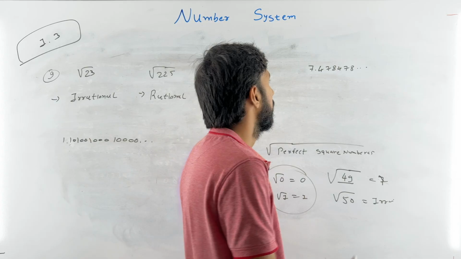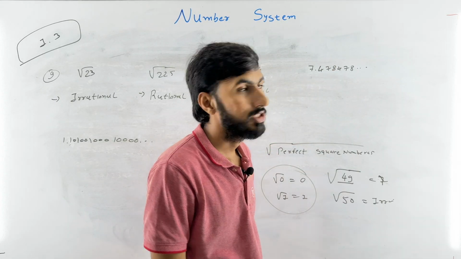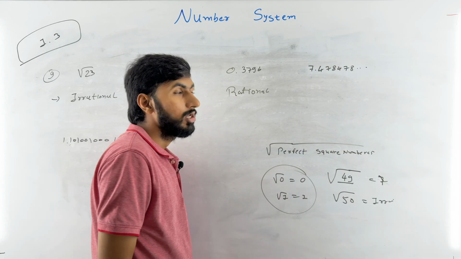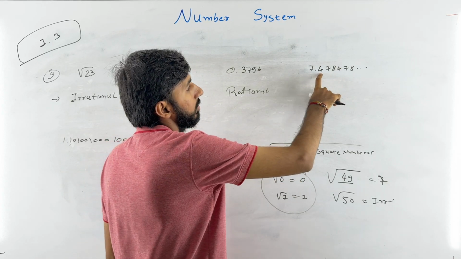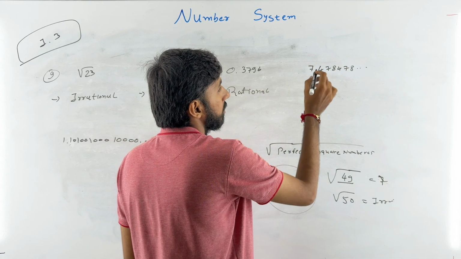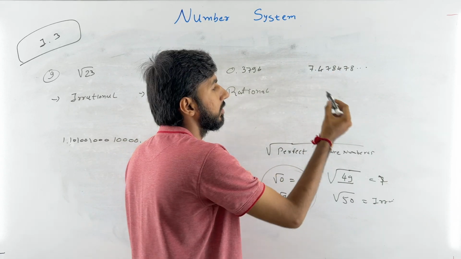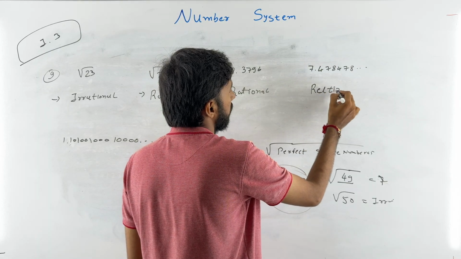Here you can see 7.478478 and it will go on to infinity. The decimal expansion is non-terminating. Now if you look at the decimal expansion, you can see 478 repeats itself. So it is repeating and non-terminating, right? So this number is a rational number.